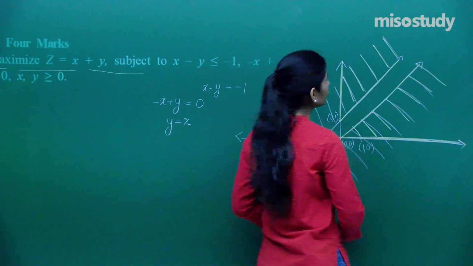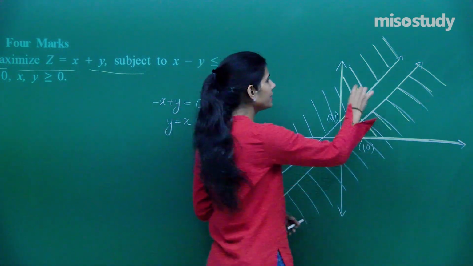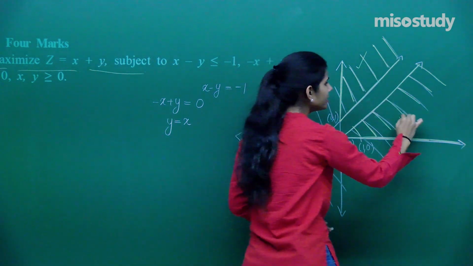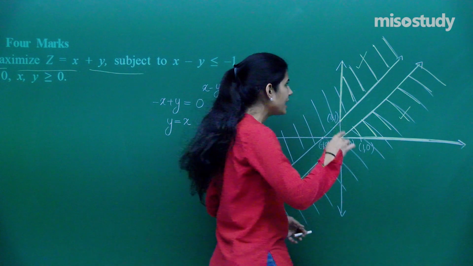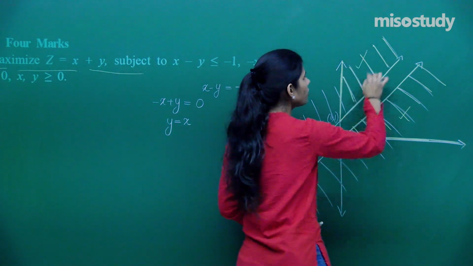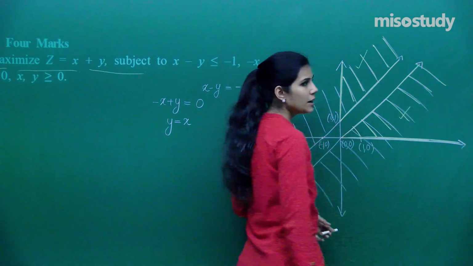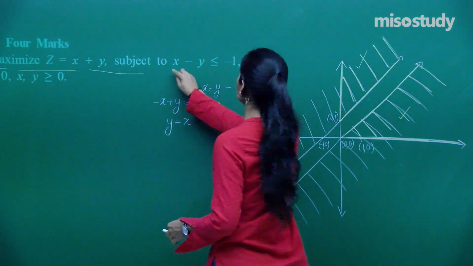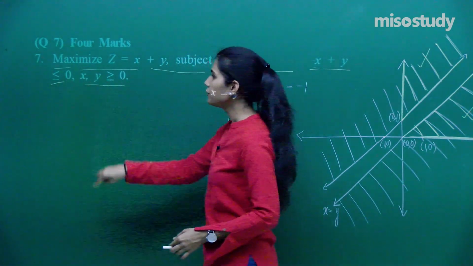In the first quadrant you can see there is no point x comma y which is coming in this region also, coming in this region also, and coming in first quadrant also. There are points coming in this region and first quadrant, but there are no points x comma y satisfying this inequation also, and coming in first quadrant also.